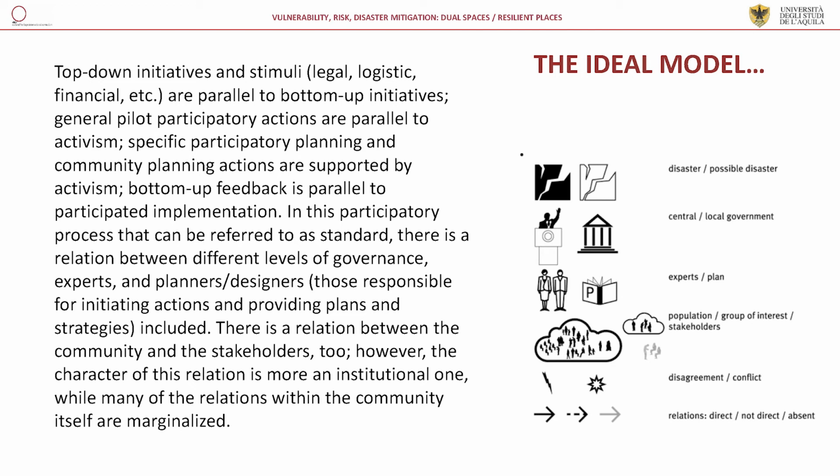And this goes to the community, the population, the stakeholders, and different groups. There could be agreement or disagreement, and different options in the links and bonds between local communities and local administration. But what is important is that the process is running all together.